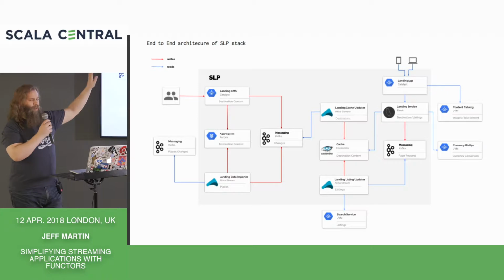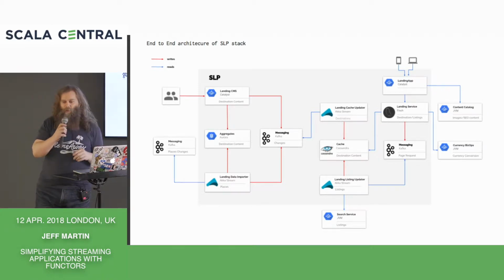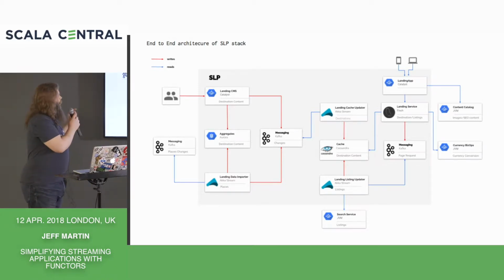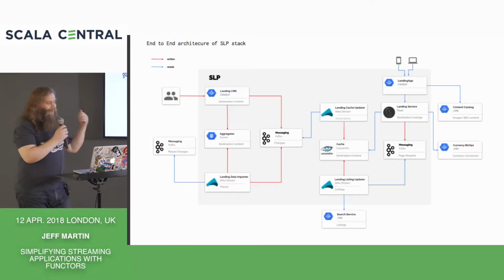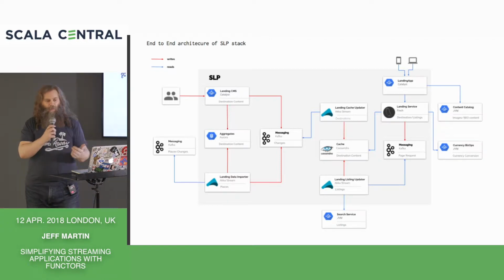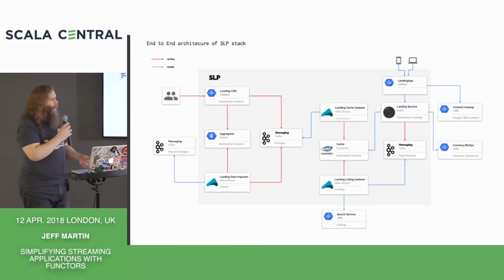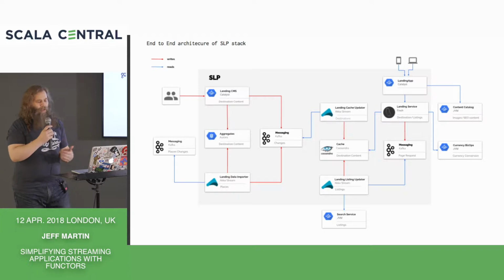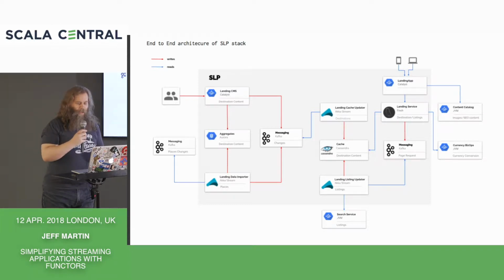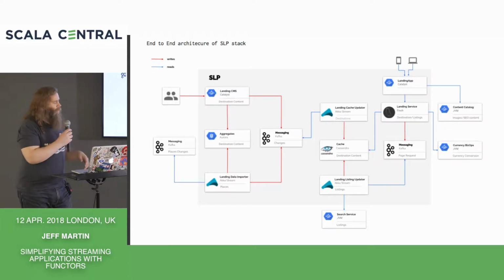In fact, the top right-hand one is Node, but we try not to talk about that one too much. As you can see, on the left-hand side, we're taking messages from Kafka. We then have several systems which process them using Akka, and then we're storing them in Cassandra, from which they can be pulled out and splurged onto the internet.